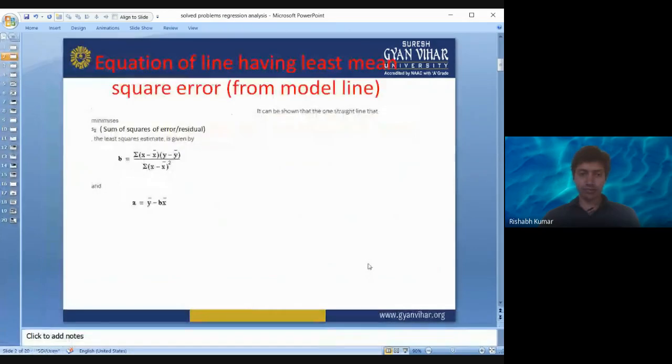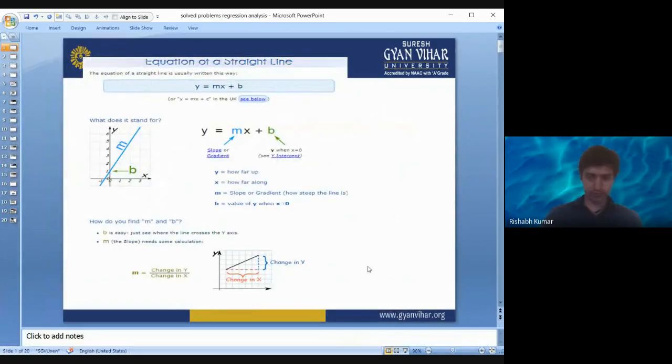If you do not remember, look at this. This is the equation of a straight line, usually written this way, right? y equal to mx plus b. y is your variable on the y-axis, and m is the slope.